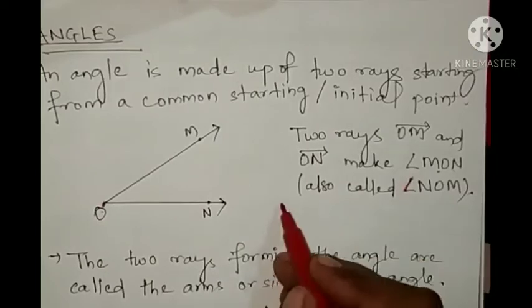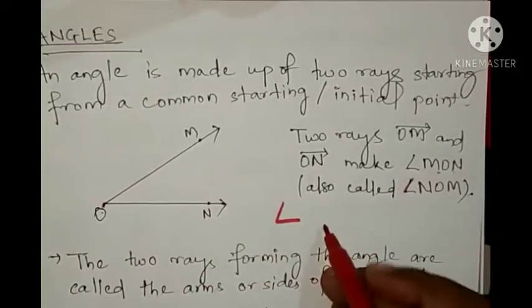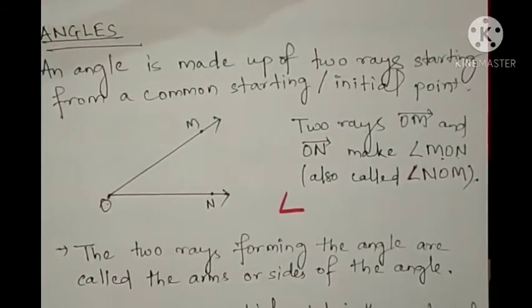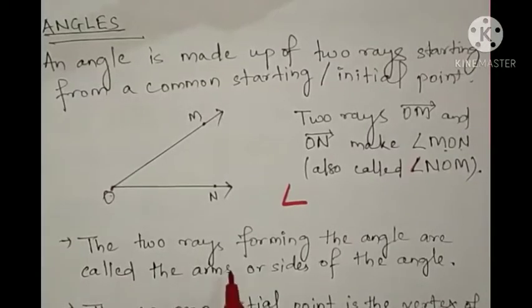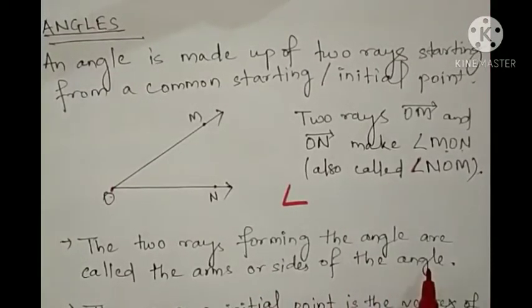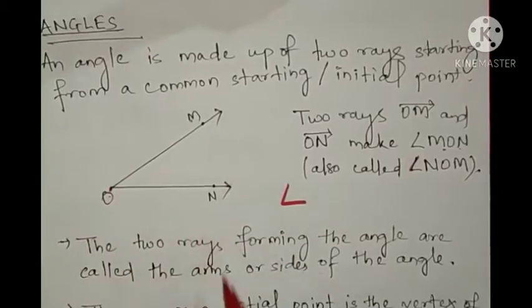The angle sign is like this, and they have a common point. The common point is O. The two rays forming the angle are called the arms or sides of the angle. Here OM is one ray, ON is another ray.